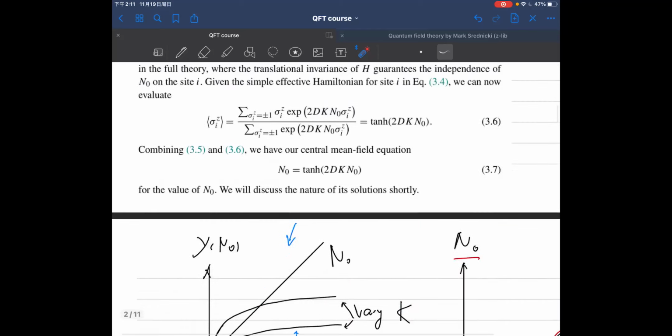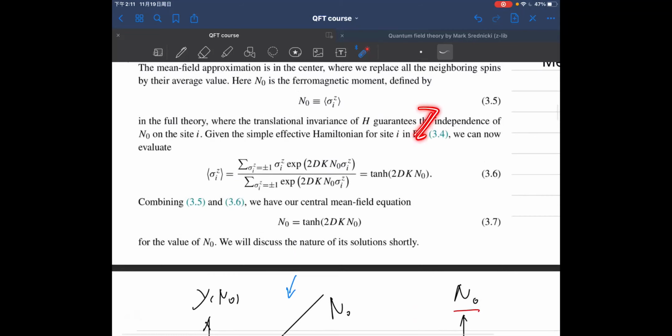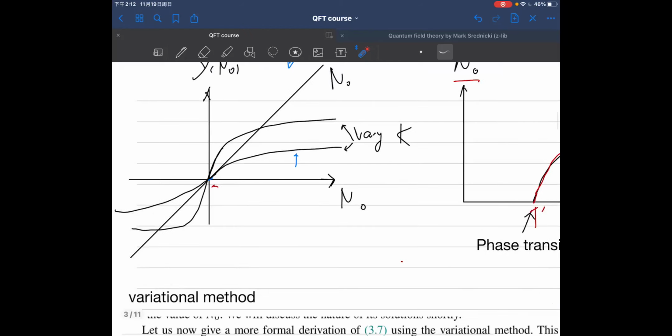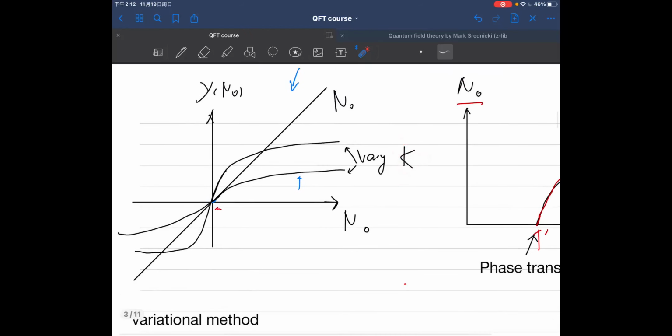The original model has the Z2 symmetry, which means that if you change sigma_i to minus sigma_i, the Hamiltonian is invariant under such transformation. But for large K, you need to choose one of the two states, not as a ground state.